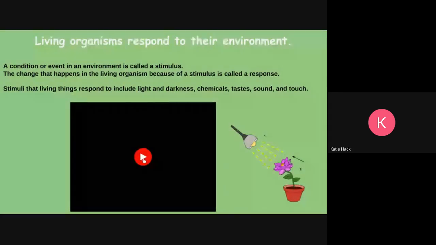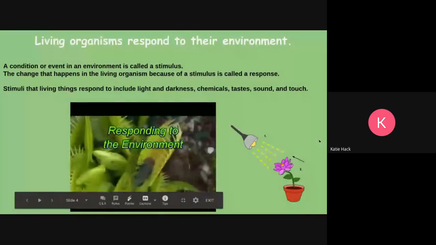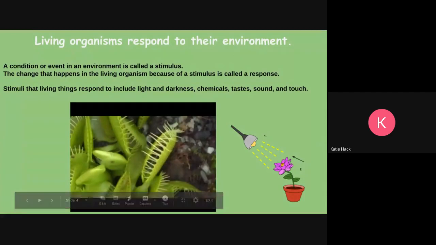Oh, I got to request access for it. Okay, you see the bug crawls onto the plant. That's the stimulus. The plant closes around the bug. That is the response, like a fly trap? Looks like it. It does.